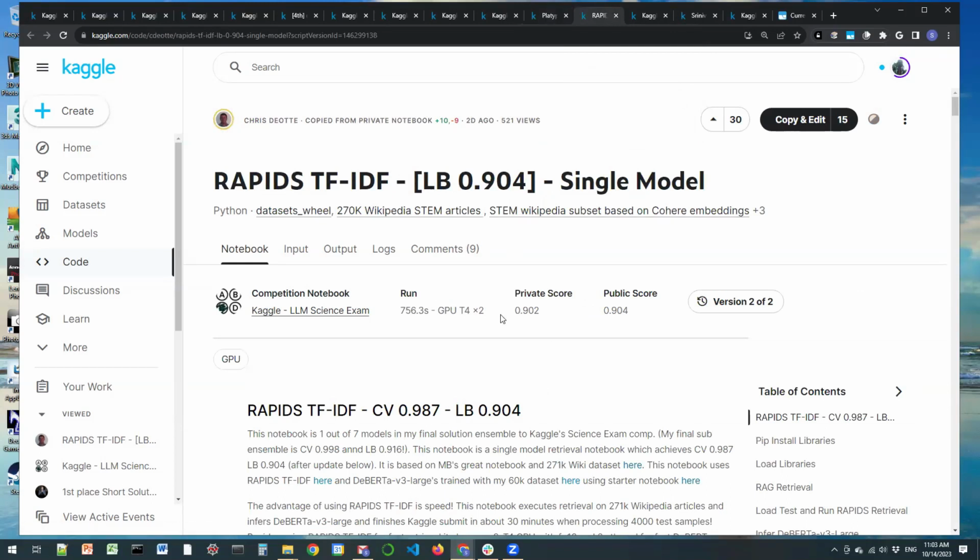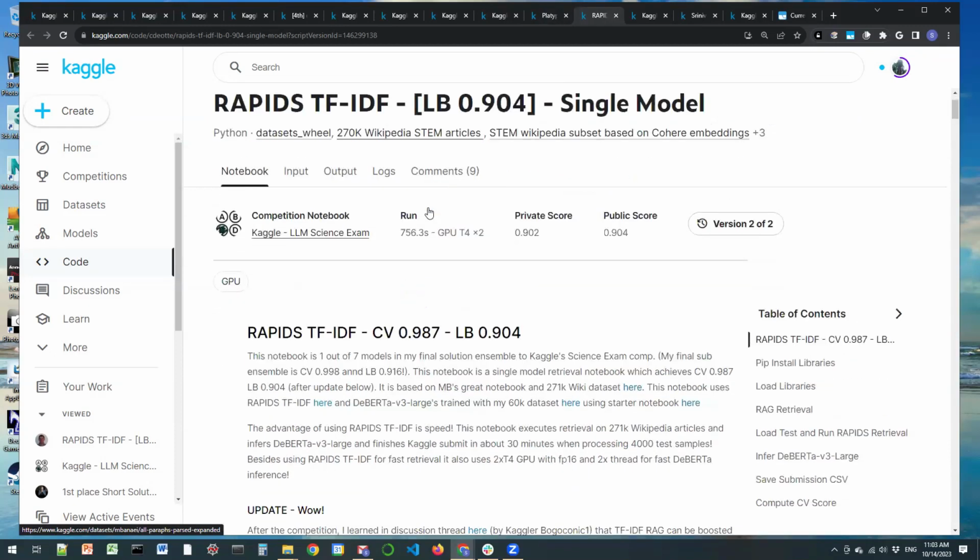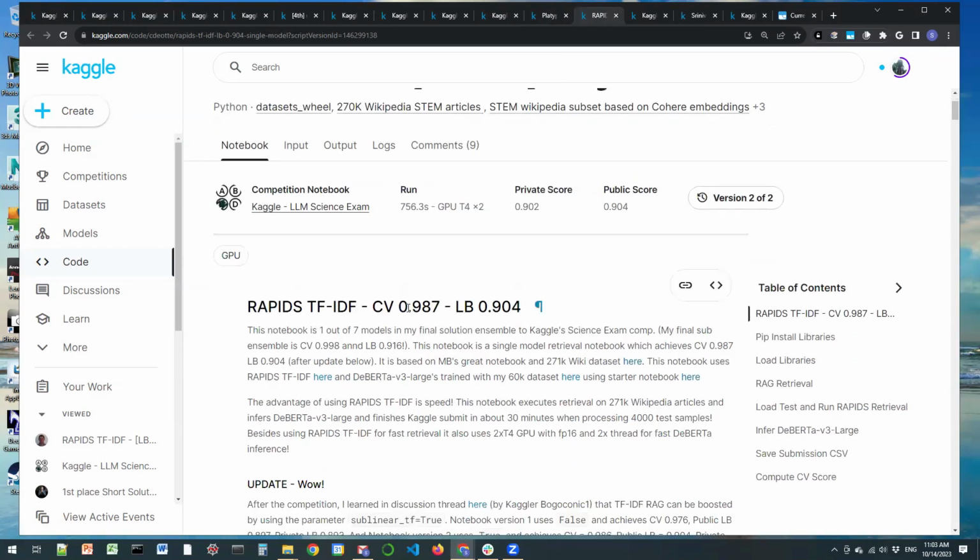I thought he submitted this maybe after the competition ended or something, Steve? Chris? He talks about a 0.904 score. No, it is actually 1 out of 7 in the final solution.